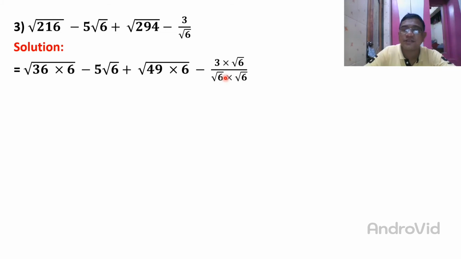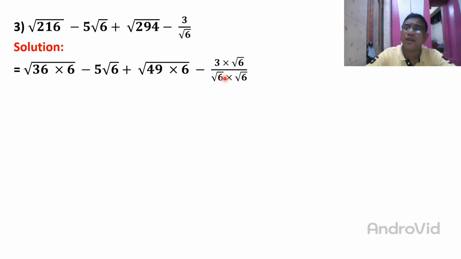So you want to rationalize this root 6. If you want to rationalize root 6, whichever number is in the surd, multiply that number to the denominator and the same number to the numerator. Remember my students, the rationalization process is very simple. Root 6 is in the surd, so multiply that number to the denominator and the same number to the numerator. Here it is root 6, so multiply by root 6.